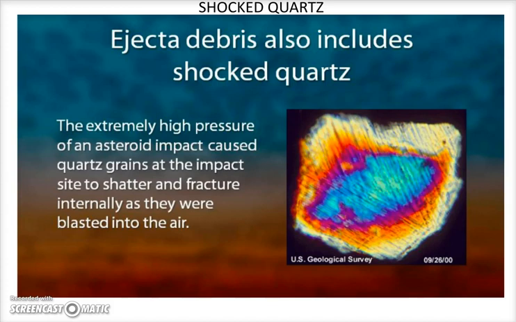Another type of deposit that has been found is shocked quartz. Quartz is a type of grain or mineral found at the impact site, and what happens is if it was hit with an asteroid so strong, it would cause the inside of this quartz to shatter or fracture as it was blasted into the air.